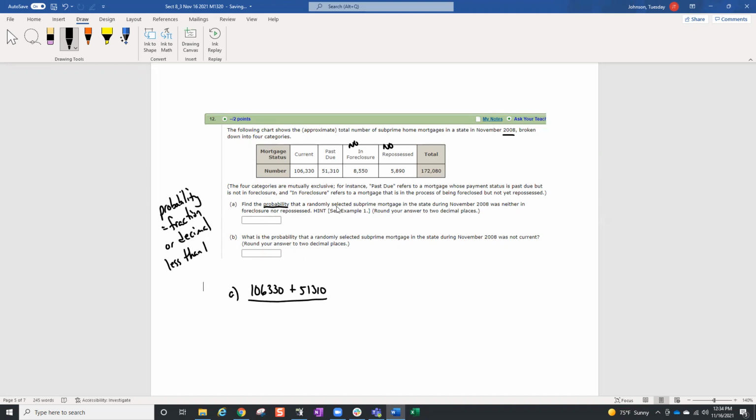Find the probability that a randomly selected subprime mortgage in the state during November 2008 was not in foreclosure nor repossessed. So it's got to be these two. And we know our whole total over here is always going to be our denominator, because that's the total, that's the size of the sample space.